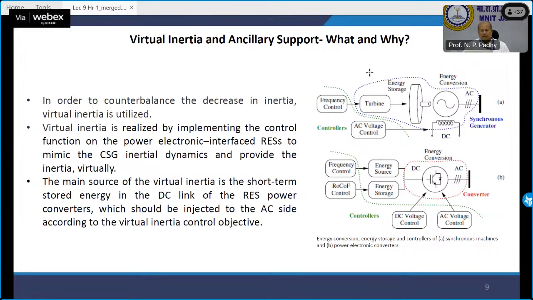And the energy conversion happens in case of a converter, and you have controllers: AC voltage control, and your synchronous machine evacuates your inertial energy or frequency regulation. The same thing can happen in case of DC, but the magnitude here is very, very low. It's not a very high power inertia energy.